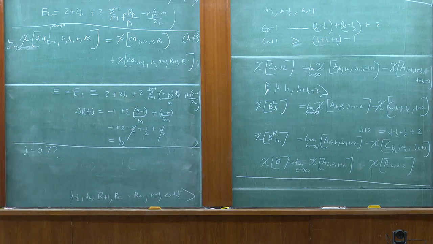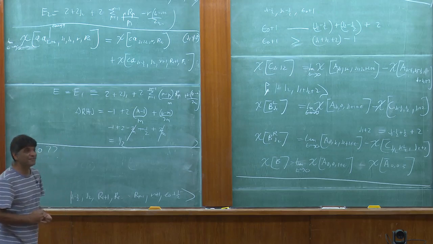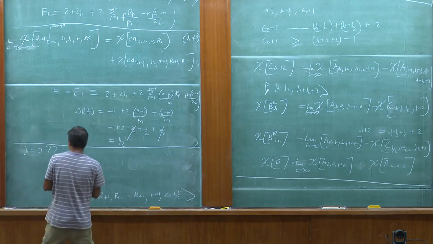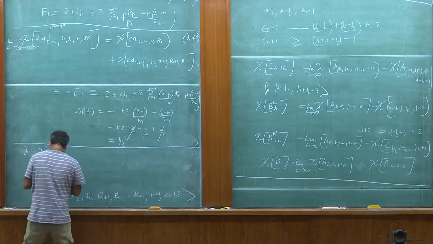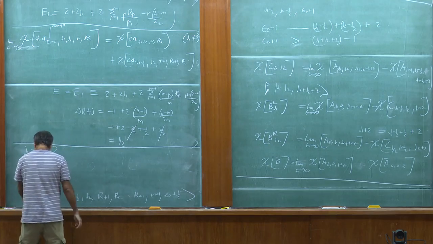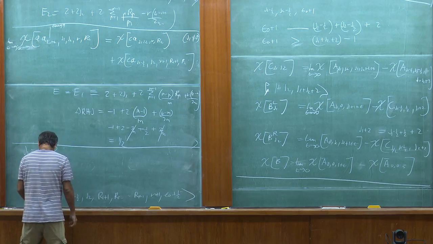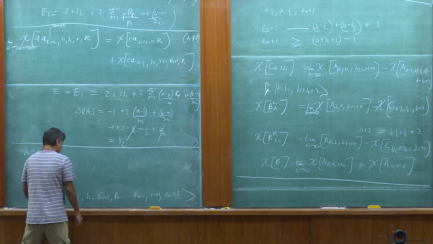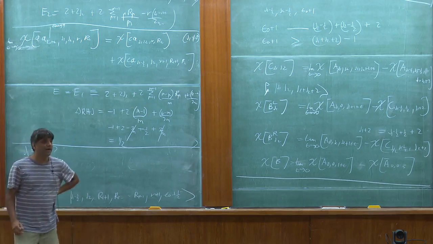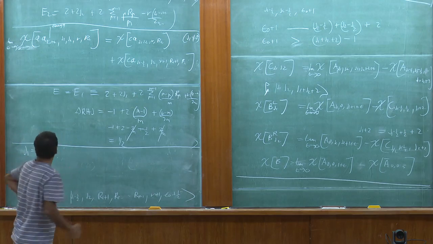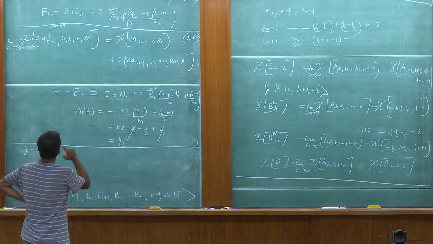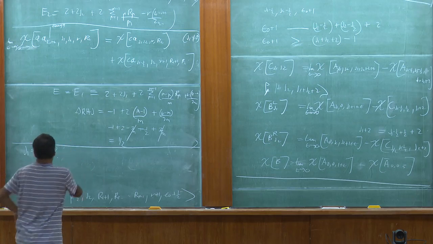Now we need to keep track of the null states of this J1 equals 0 state. J1 was equal to 0, so that's fine. Now the null state, as you remember, occurred at level 2, and we'll write it down here.